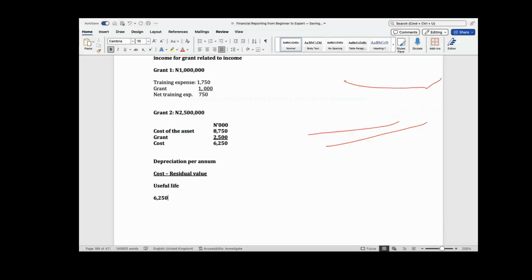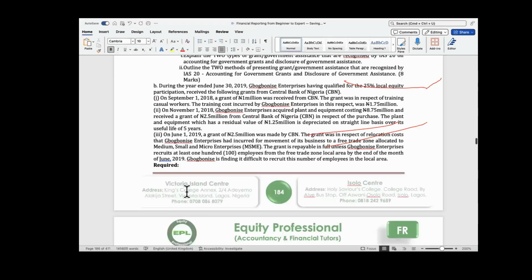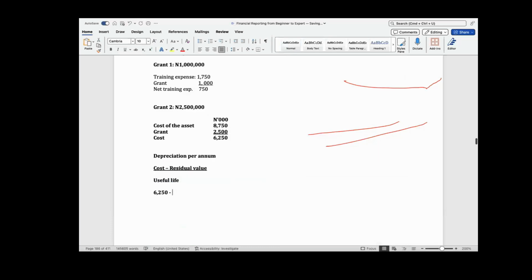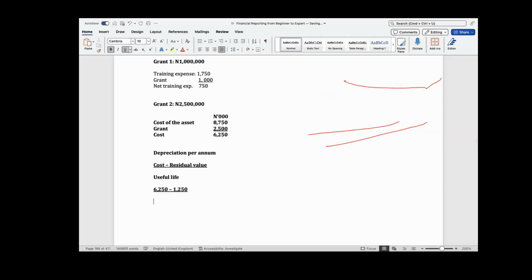How much is the residual value? The residual value of the asset is 1,250, right? And what's the useful life of this asset? 5 years. Okay. So how much would that give us? 1,000.